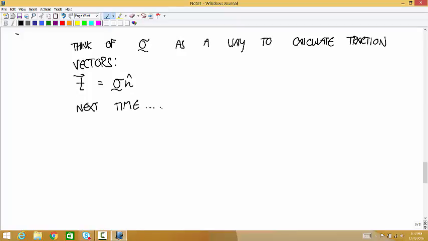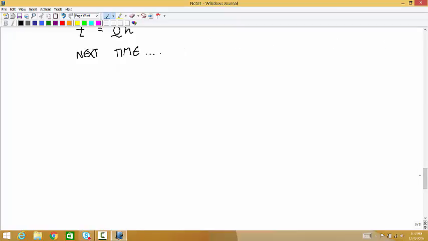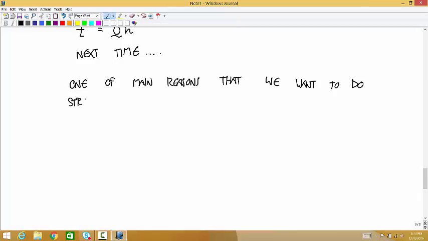Okay, so the next topic. One of the main reasons that we want to do these stress transformations is to express the stress tensor in the principal coordinate system.